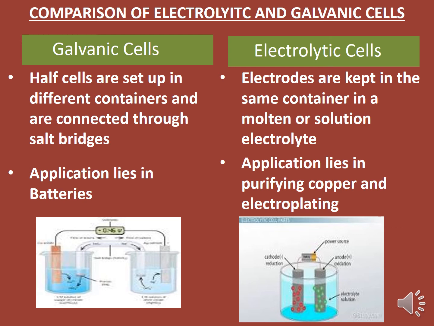In an electrolytic cell, there is only a single container which contains the electrolyte as well as both electrodes, anode and cathode, and these are connected with a battery source. The application of galvanic cells lies in batteries. Most batteries are galvanic in nature, and examples of electrolytic cells are purification of impure copper and electroplating, etc.